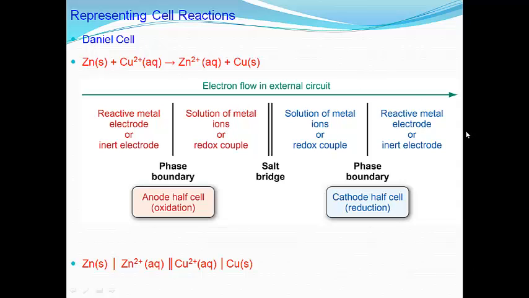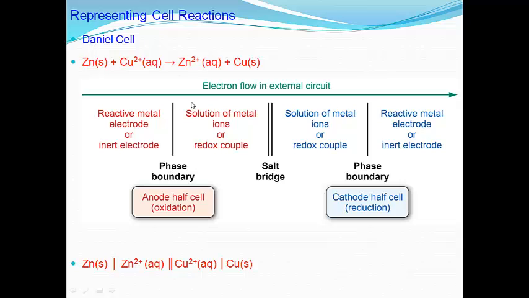And on the right hand side we have essentially the same thing again, which is a cathode. Of course, we have the phase boundary, right? And on the outer side we have the metal electrode, and on the inner side we have the solution of metal ions. So overall, the cell diagram is essentially depicting the electrochemical cell showing the separation of both cells, right?